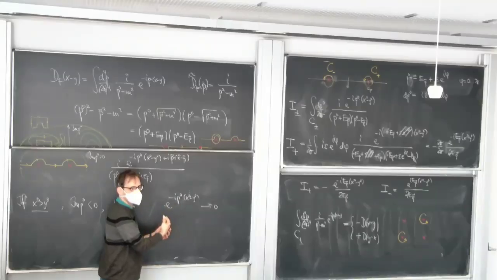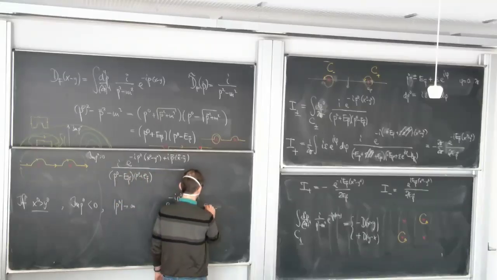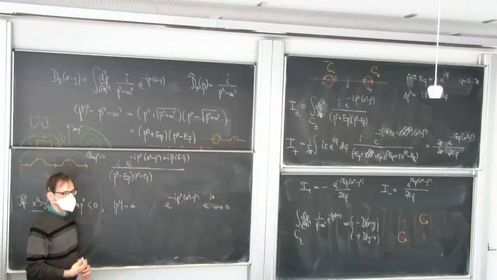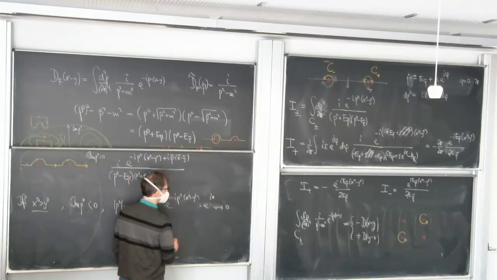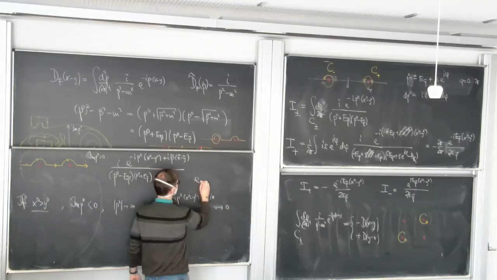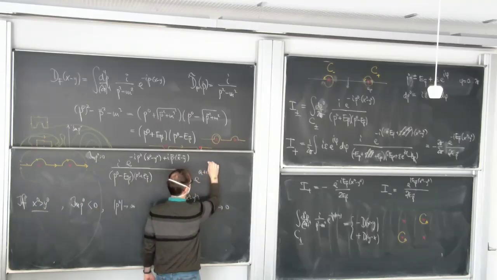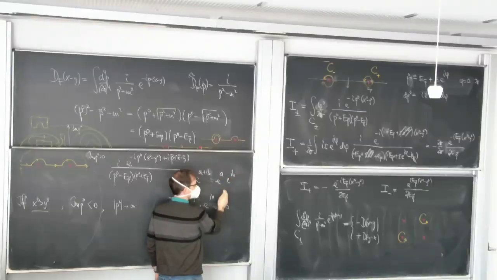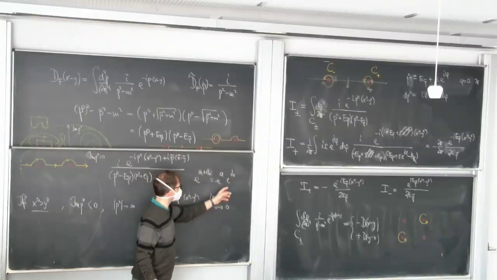It's e to the I stuff. It's e to the a plus ib. And then I have e to the a, e to the ib. And this a is hopefully negative, and then we go to 0, and this is times the complex.